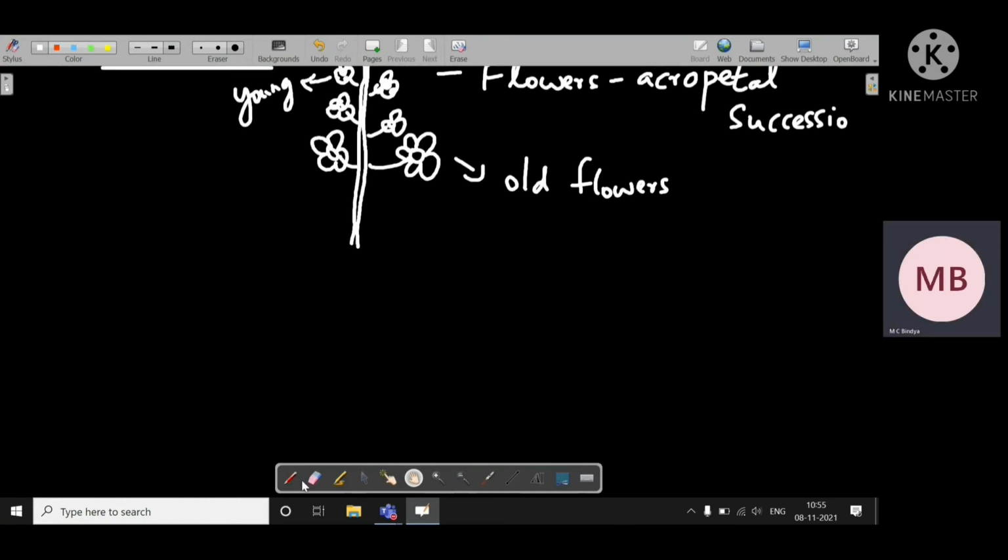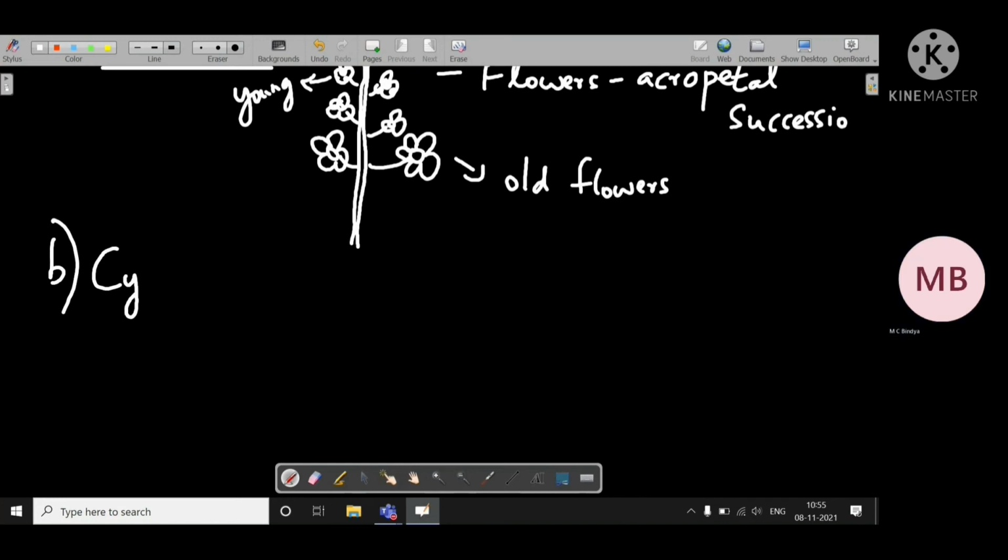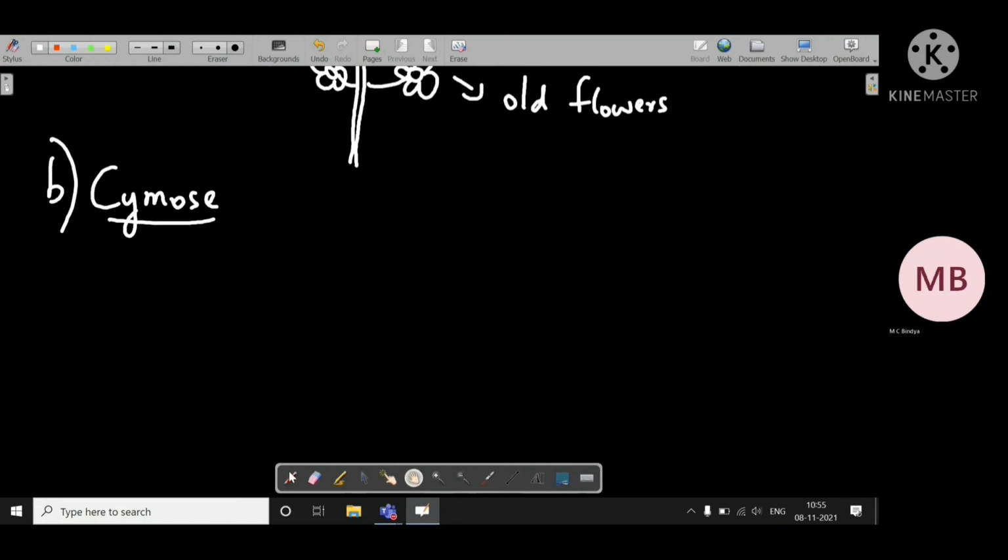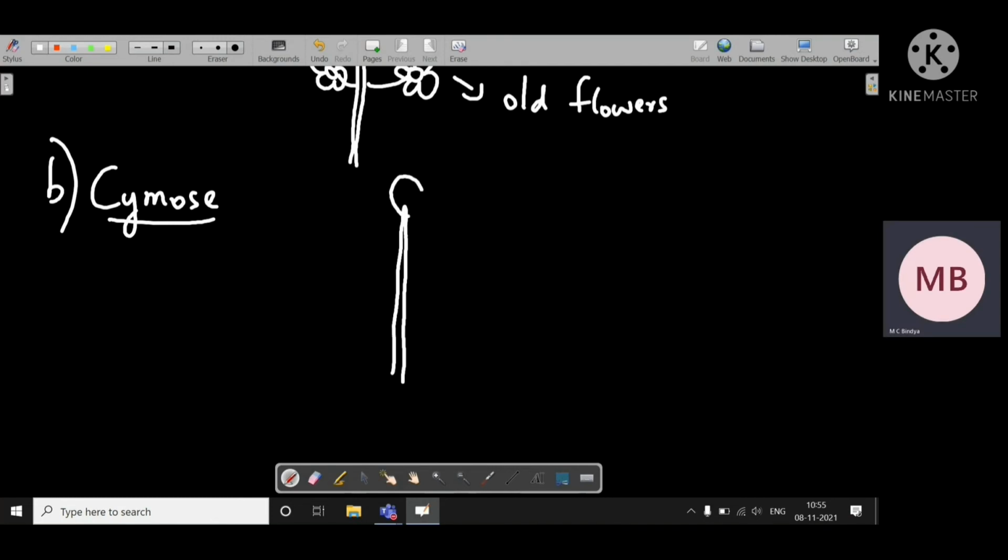Another type of inflorescence is called cymose inflorescence. In cymose inflorescence, the apex of the floral axis bears a flower that is the oldest flower, and the shoot doesn't grow much longer.